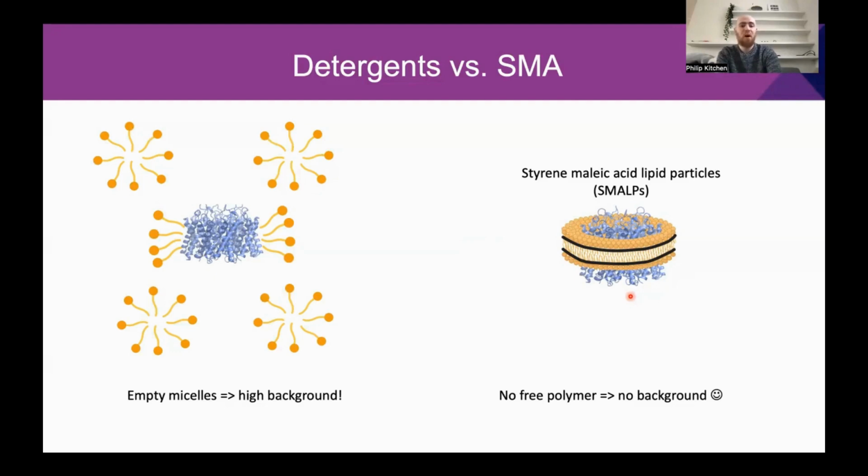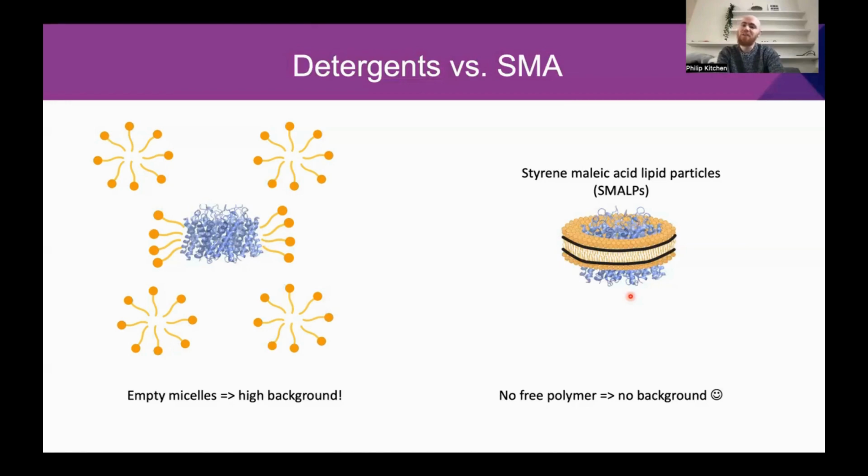So all downstream work done with detergent solubilized membrane proteins has to have detergent present above the critical micelle concentration, which typically means that your sample is going to contain lots of empty micelles. This is bad for mass photometry because the mass photometer is going to see your empty micelles, and there's typically going to be quite a lot more of them than the micelles containing your protein. And so it's very difficult to make a measurement.